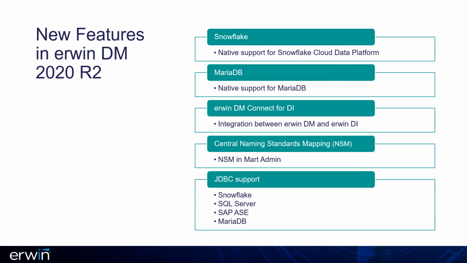The integration with the Erwin Data Intelligence Suite has been extended with Erwin DMConnect for DI. Models and naming standards mapping files in the Erwin Workgroup Edition can now be uploaded to Erwin DI's Metadata Manager.